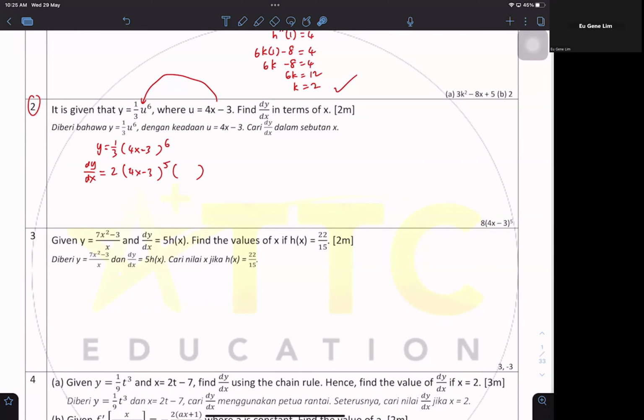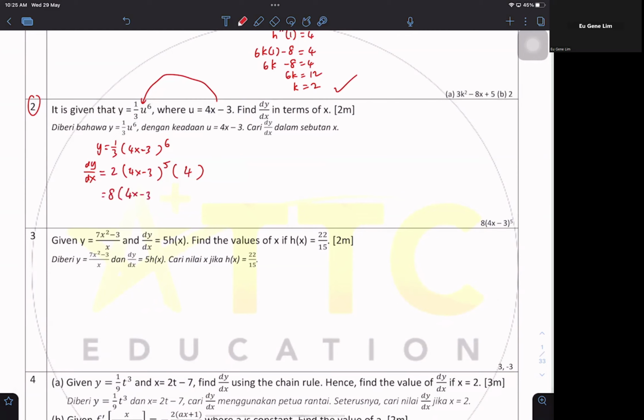If you differentiate the inside, 1 times 4 is 4. 1 minus 1 is 0. You should get 4, right? Then last, 4 times 2 becomes 8. That's the answer. Just like that.